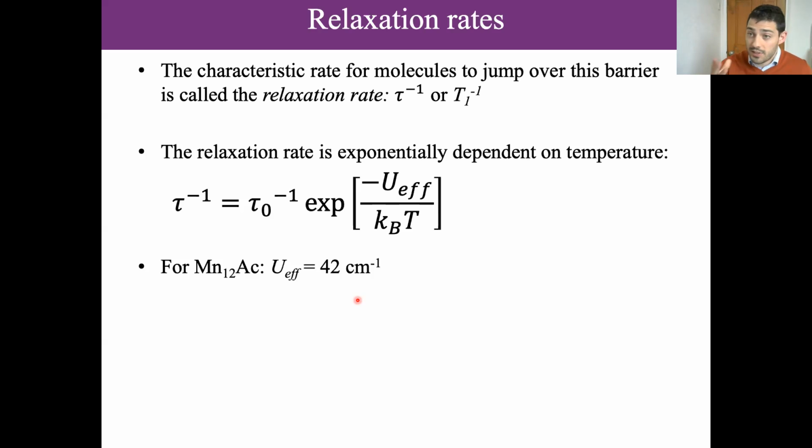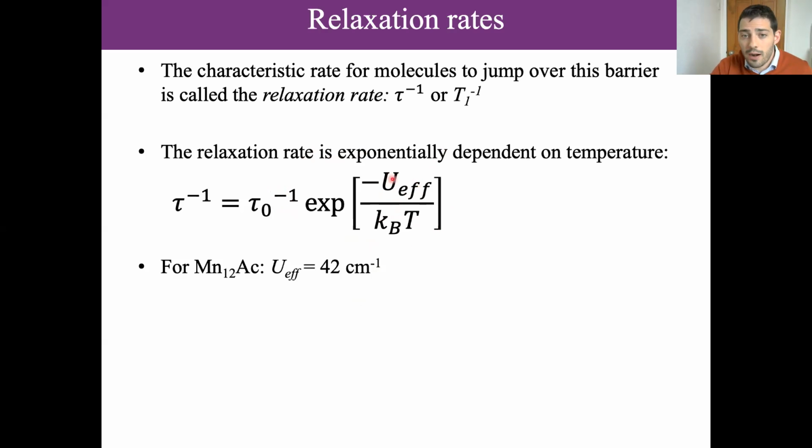And for this particular material and many single molecule magnets, the relaxation rate, or T1 inverse, is exponentially dependent on temperature, according to a very similar expression to the Arrhenius law. So this is very much like first order kinetics from undergraduate chemistry.